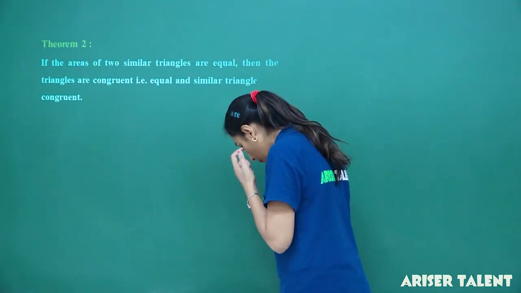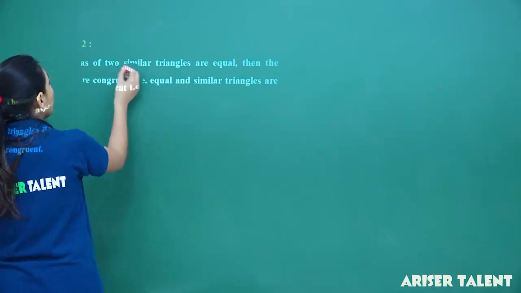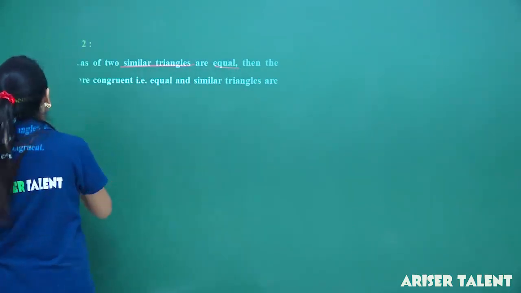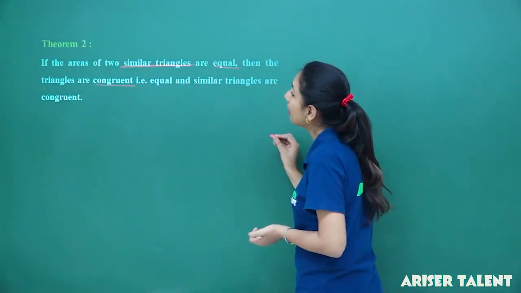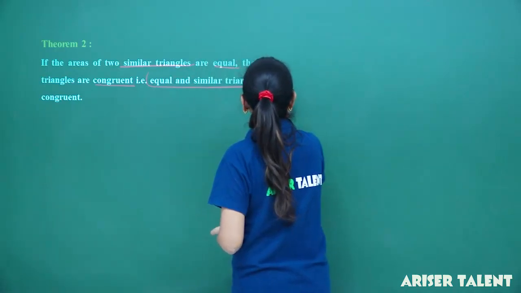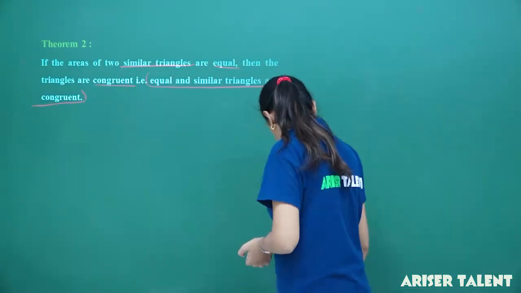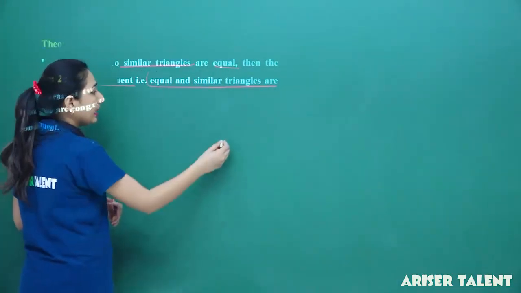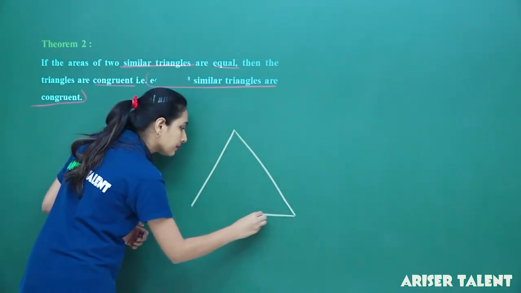Okay. So, it's saying that if the areas of two similar triangles are equal, then the triangles are congruent, that equal and similar triangles are congruent. Right? Okay. So, let us see. To see all this, we have to draw two similar triangles.